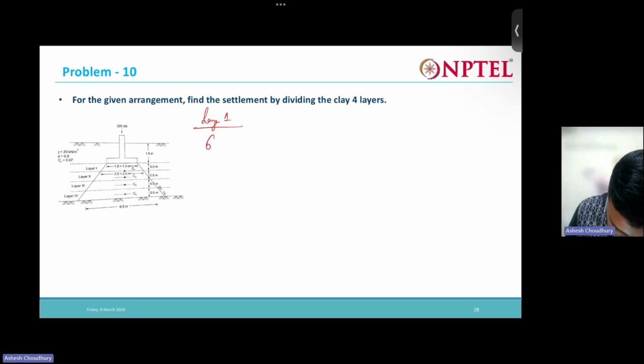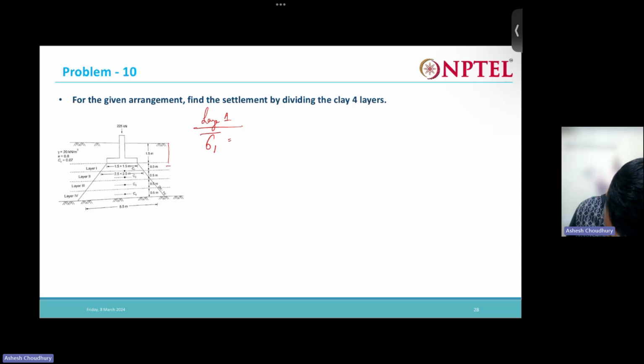So first, what did I say? First, let us calculate the effective stress, right? Everything is given to me, gamma and all. So this is 1.5, and we are finding out the middle of layer 1.